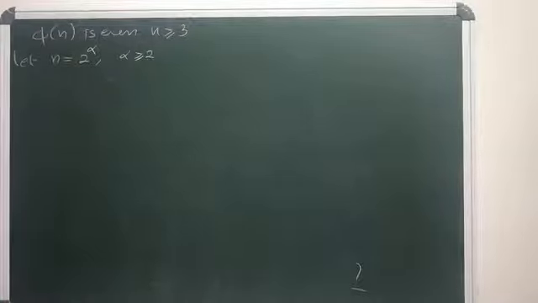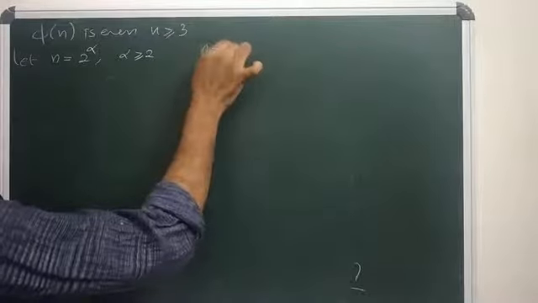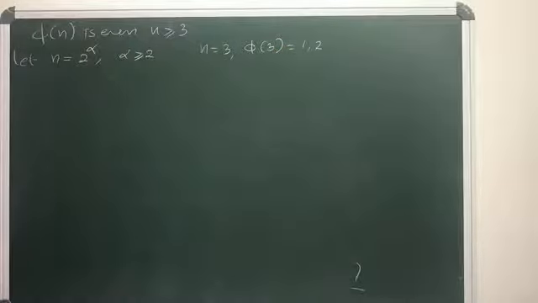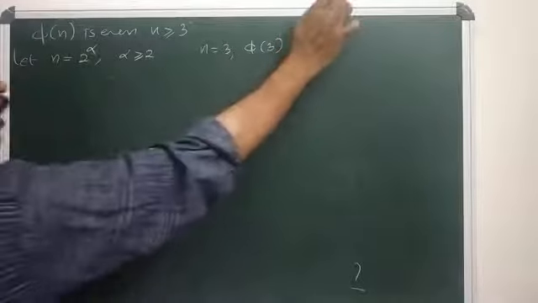So our result is that phi of n is even for every n greater than or equal to 3. What is phi of 3? When n equals 3, phi of 3 means 1 and 2. So it is again even. Phi of 3 means 2.